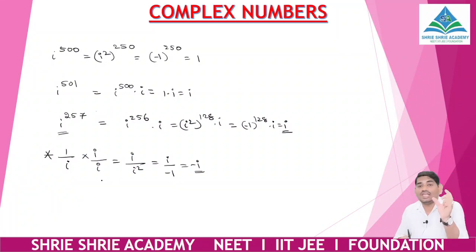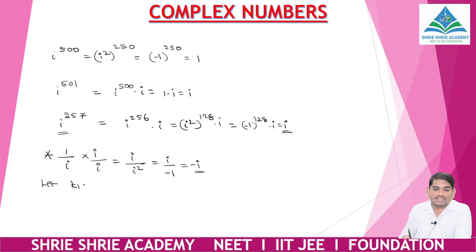Then what is the equality principle of complex numbers? Suppose Z1 is equal to Z2. These are any two complex numbers.